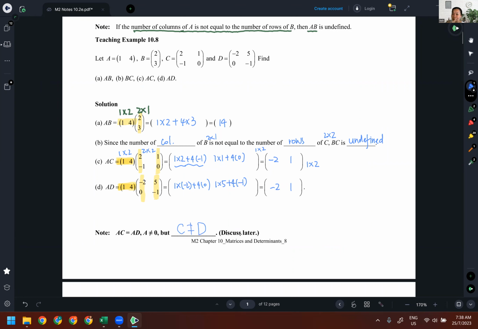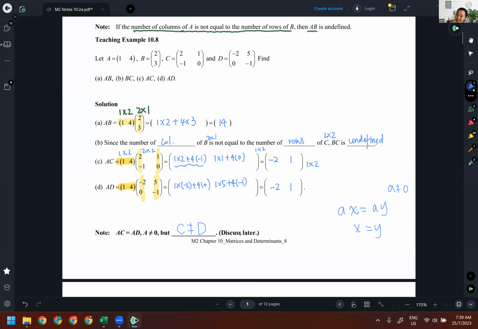Because usually in the past, when we did the multiplication of numbers, if you have A times X equal A times Y, and if A is not equal to 0, then you can divide. You can always get X and Y are equal. But in matrix multiplication, you don't have that.